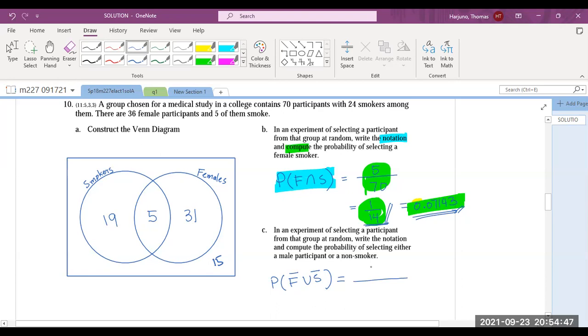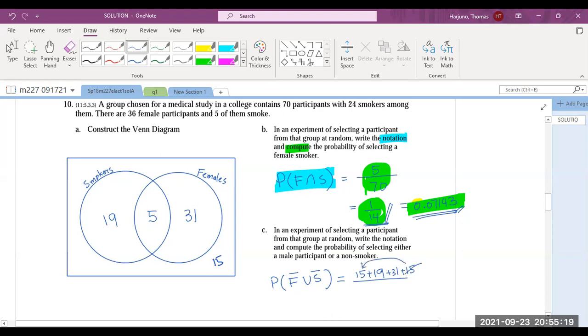15 plus 15 plus 19. That's right. And how many not smokers? Would it be 19 plus 31 plus 15? So the not smokers are 31 and 15, right? Oh yeah, sorry. But our 15 is already counted here.